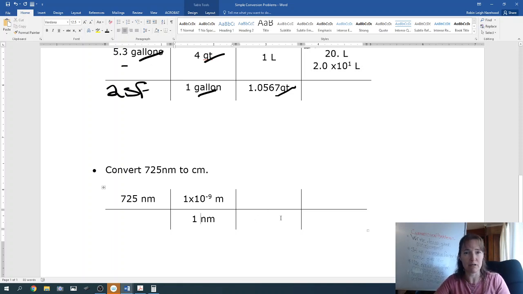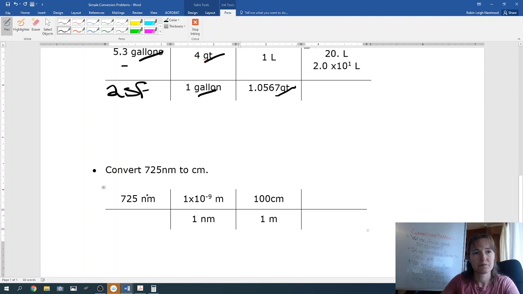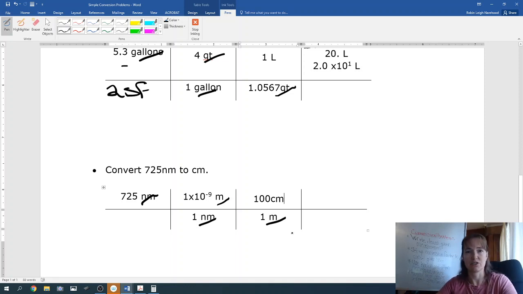That cancels nanometers out, but I want to go into centimeters, and so I need to cancel meters, and there is 1 meter and 100 centimeters in an equality. So there's 100 centimeters in 1 meter. So if you go through, you can see that the units will cancel. Nanometers cancels, meters cancels, and when you do the math, you will end up with centimeters as your answer.